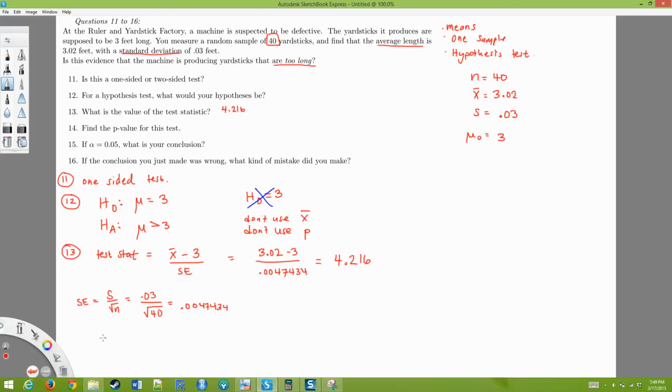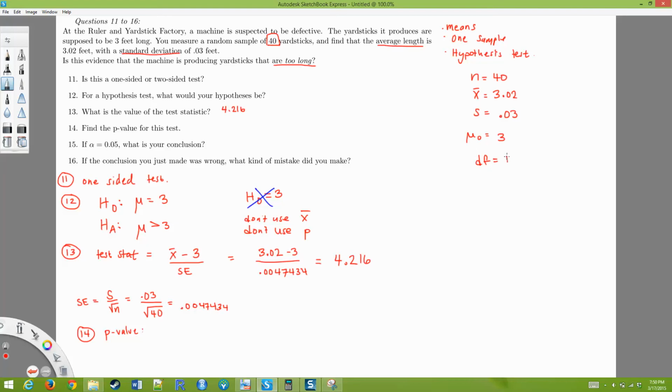Let's find the p-value. Okay, so to get the p-value, we're going to look up our test statistic, 4.216, in our t-table. So we've got to figure out our degrees of freedom. So how many degrees of freedom do I have? 39 degrees of freedom, right?